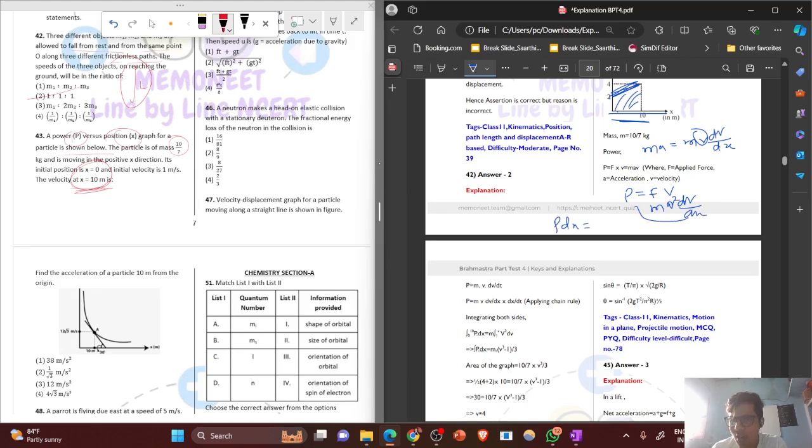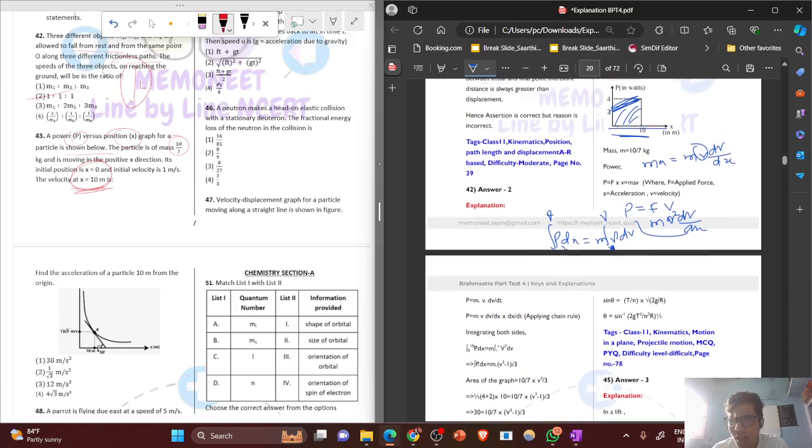So P dx equals m v square dv. Here integration will be what? Initially speed is 1, so 1 to v. Here integration initially it is 2, 4. Okay, let me look. Power is constant. Power changes. Dx is here what?